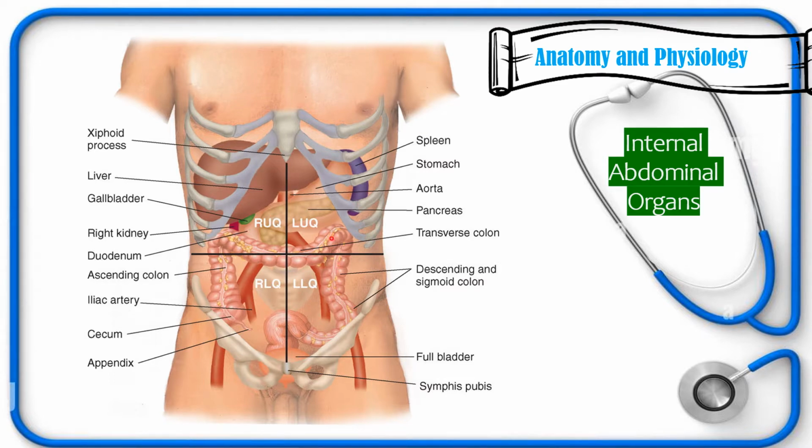In the left upper quadrant, the spleen is lateral and behind the stomach, just above the left kidney in the left mid-axillary line. Its upper margin rests against the dome of the diaphragm.